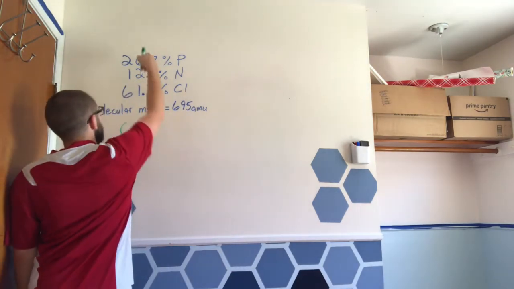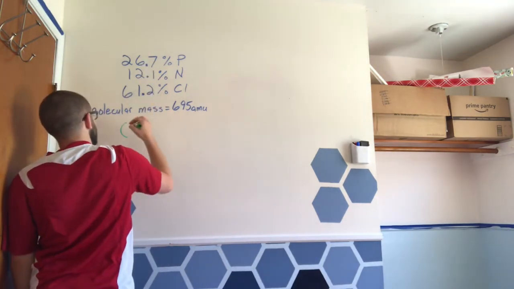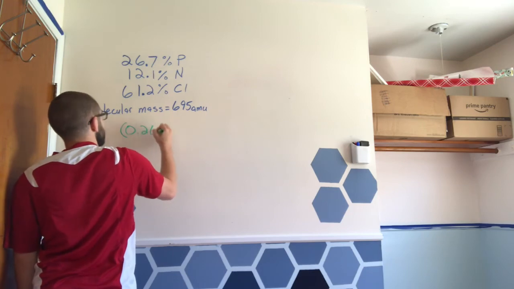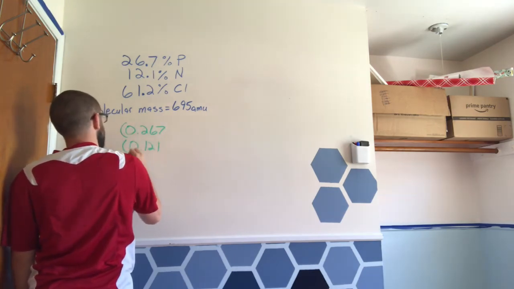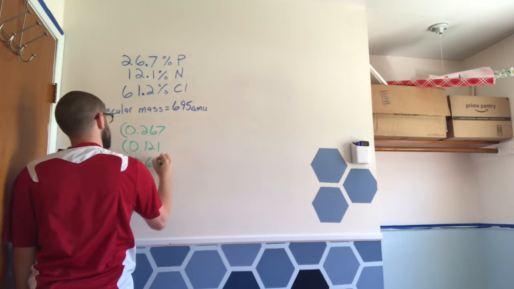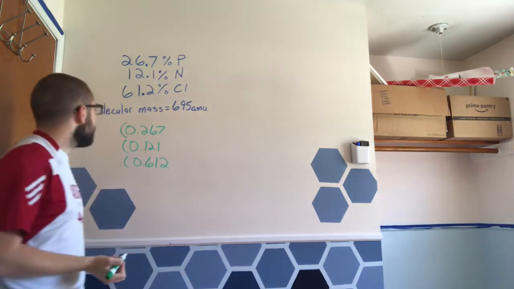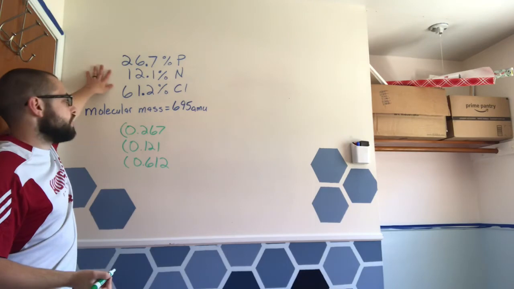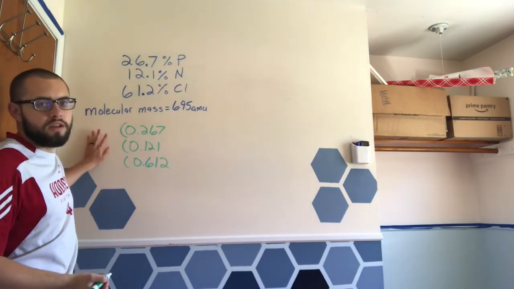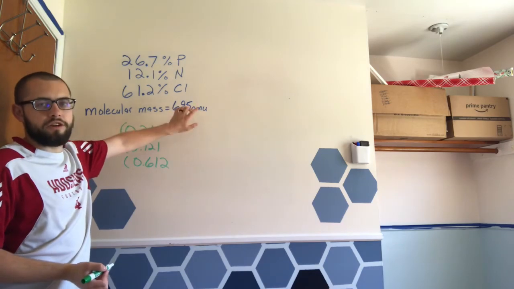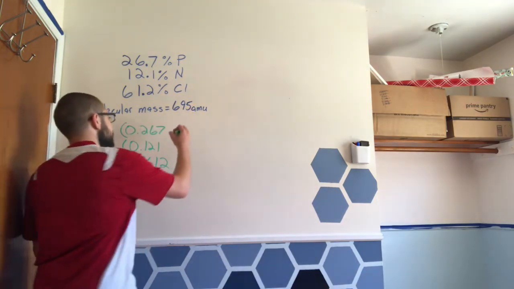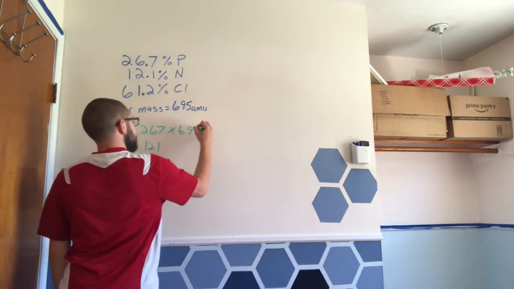So, taking these percentages, changing them into decimals. All I've done so far is I took these percentages, changed them into decimals. All of these decimals are getting multiplied by the molecular mass, 695.